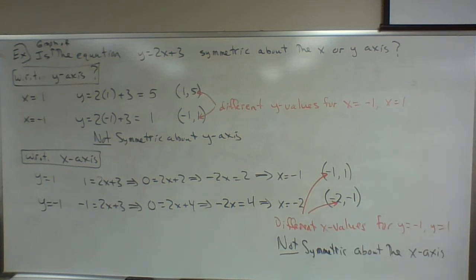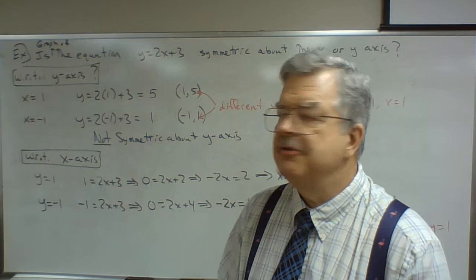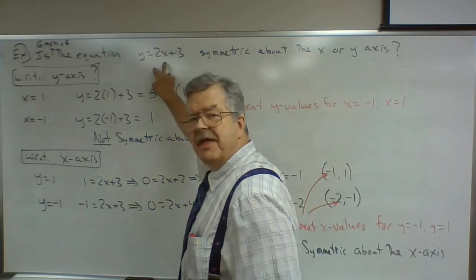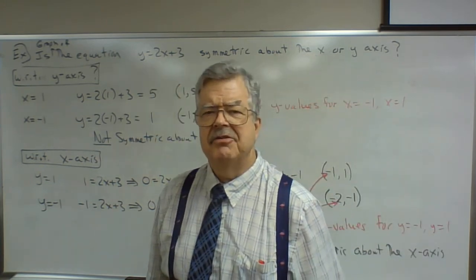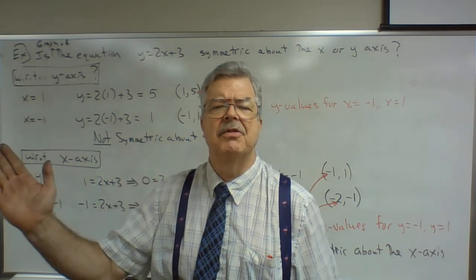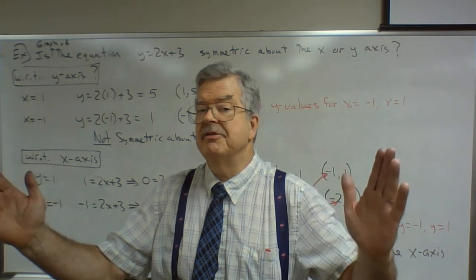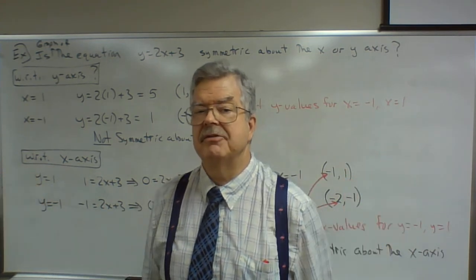Now that was one way that we could have done it. Another way that we could have done this was just to graph that equation and say, is the portion to the left of the y-axis the mirror image of the portion to the right of the y-axis?